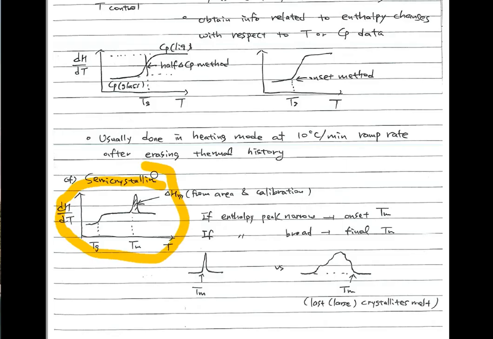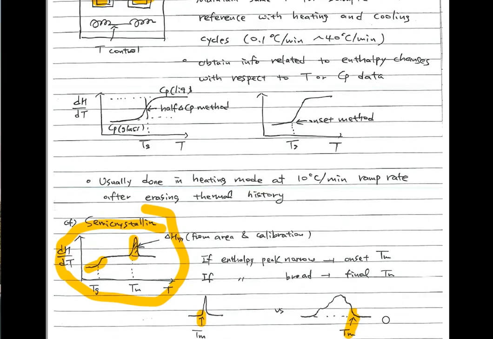If the polymer sample is semi-crystalline, you have Tg and you also have Tm. Then how can you determine a specific temperature as Tg or Tm? For Tm, if the peak is sharp, if the enthalpy peak is narrow, you denote Tm as the onset point here. On the other hand, if the peak is broad, something like this, you denote it as here, the final Tm, the final temperature.